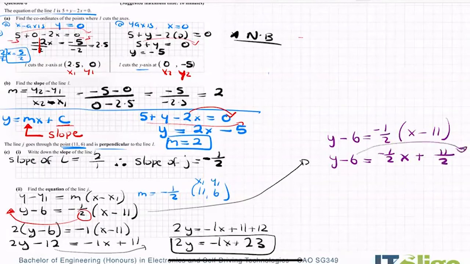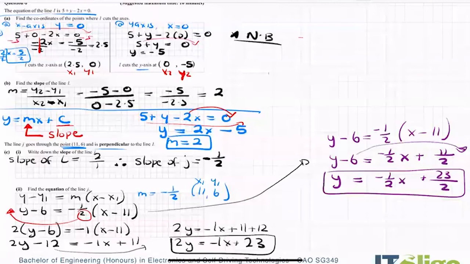Just like before, you need to merge the two numbers, so bring that minus 6 over to become plus 6. And I have 11 over 2 plus 6. Okay, that's a perfectly acceptable answer here.